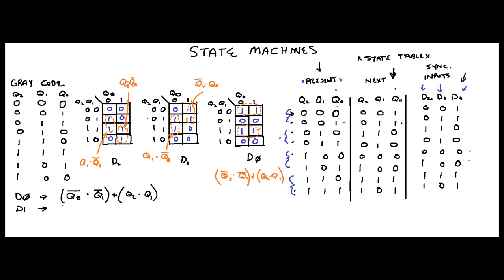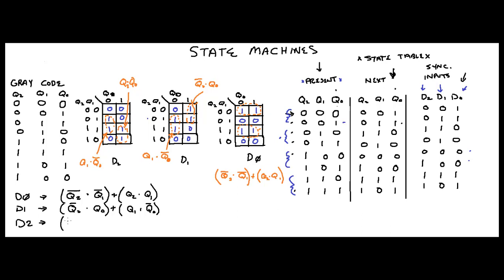Now let's take D1. That's going to be Q2 bar dot Q0, or Q1 dot Q0 bar, and then we got D2, right? There we are.